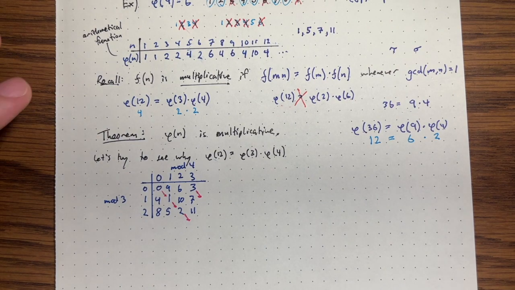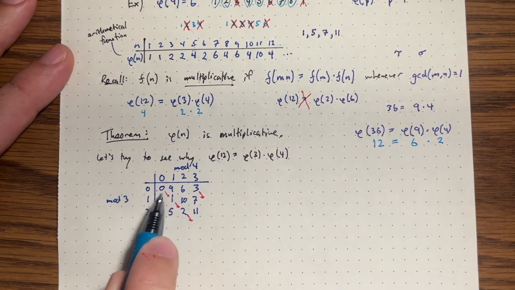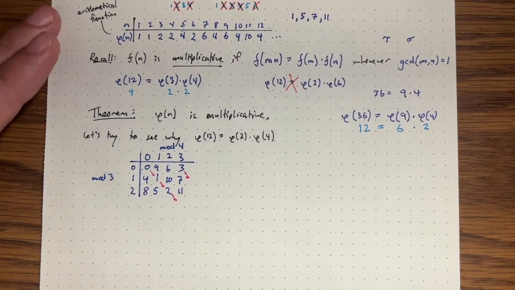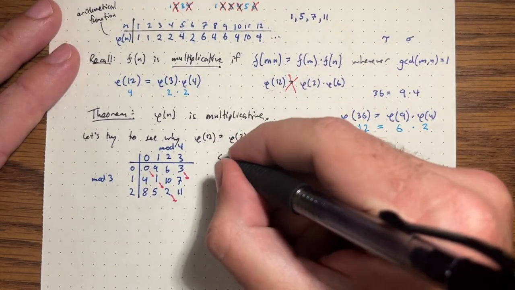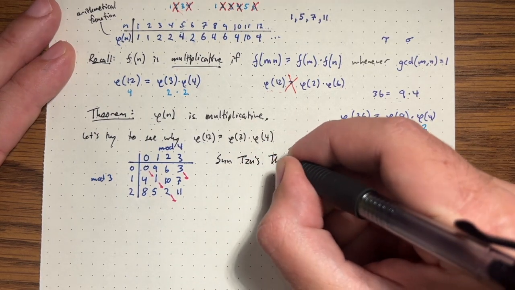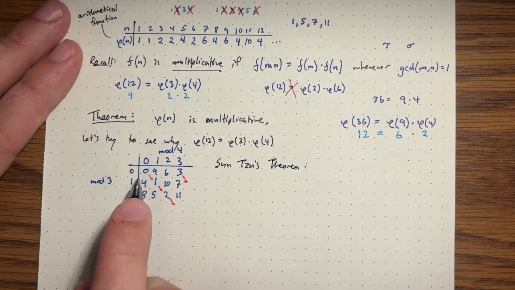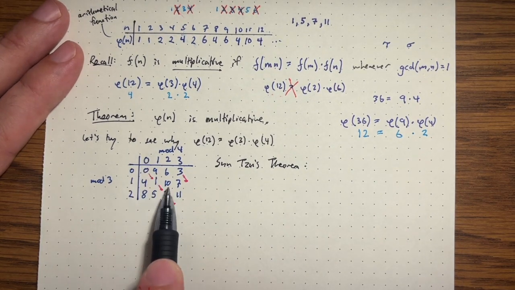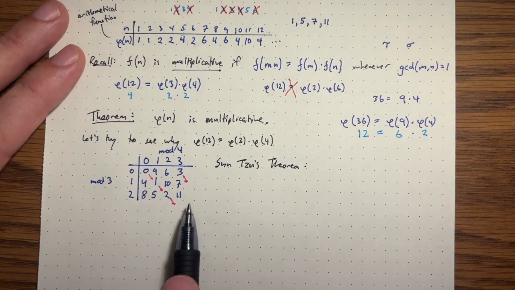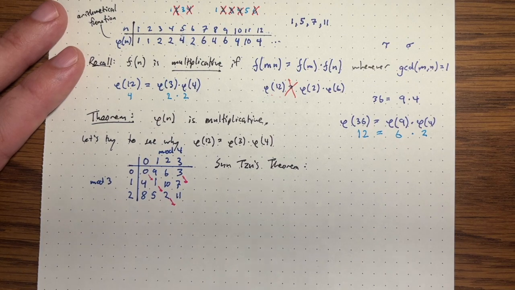And, well, let's just verify. So does the 9 actually belong there? Yes, because it is 0 mod 3 and 1 mod 4. And Sun Tzu's theorem actually tells us that we will be able to fill in the entire grid like this, and we won't ever have to put two different numbers in the same cell.